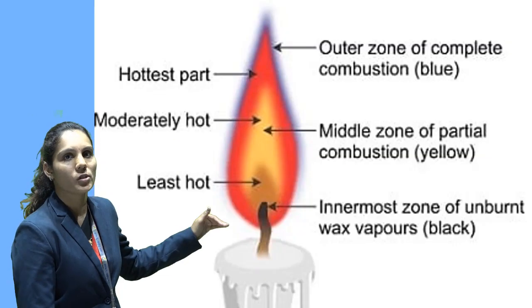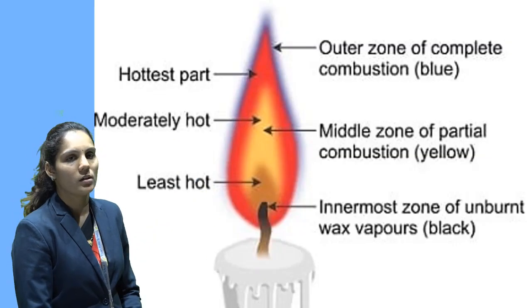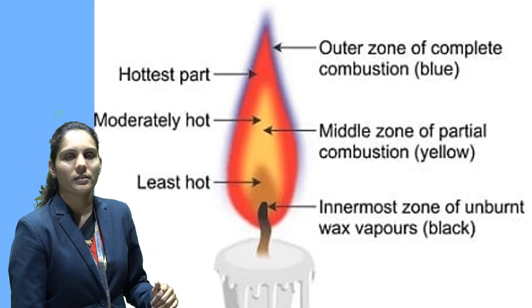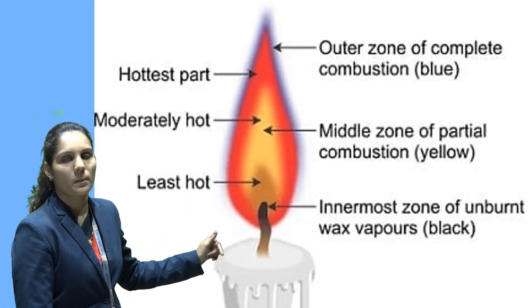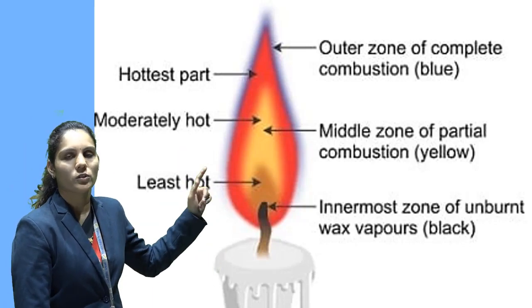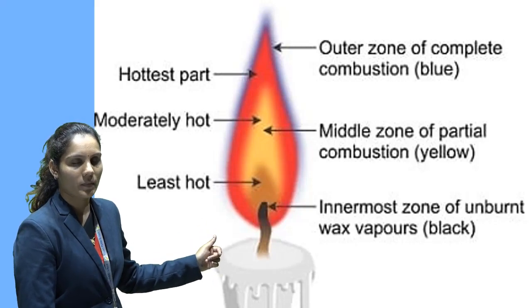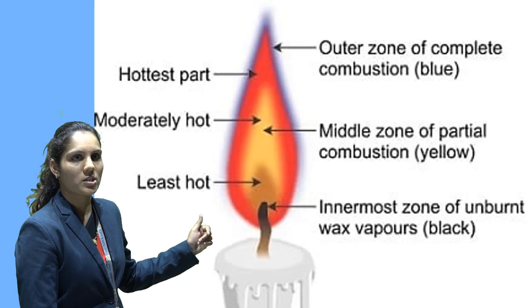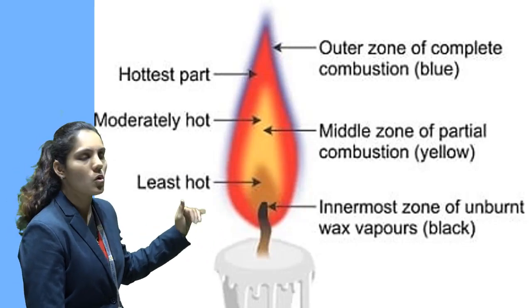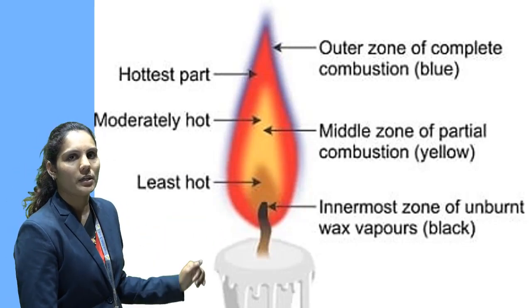So let's recapitulate the topic. Today we have learned the zones of a candle, in which we learned the 3 zones. The outermost zone is bluish in color, and it is the hottest zone of a candle, and complete combustion takes place at this zone. The middle zone is brightly yellow in color.